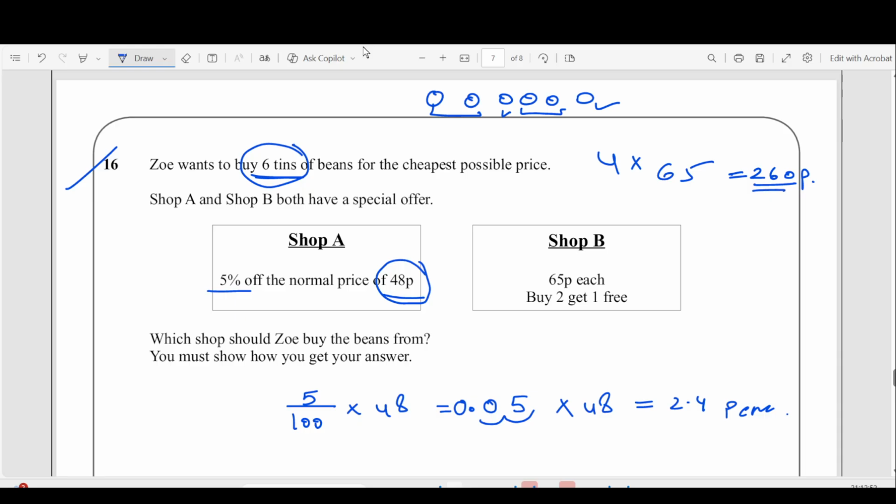So for shop B you got 260 pence, right? Yes. Shop A is £2 and 74 cents, and shop B is £2 and 60 cents. And for shop A it is 2.4, isn't it?